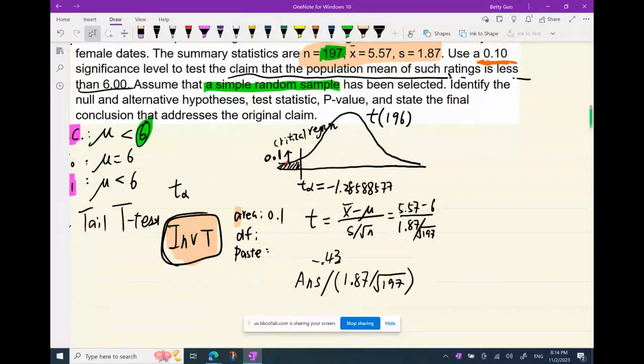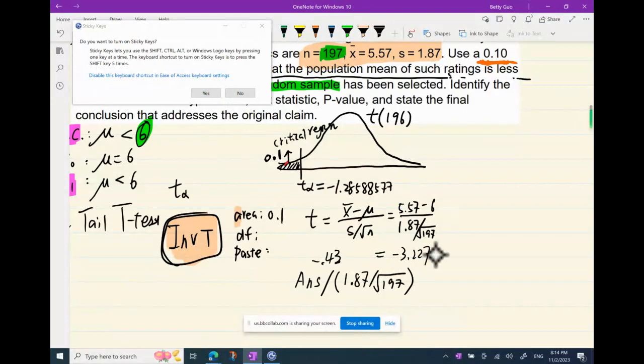If you have that same thing with mine, you should have the test statistic equal to negative 3.227453264. Let me know if you have the same thing.